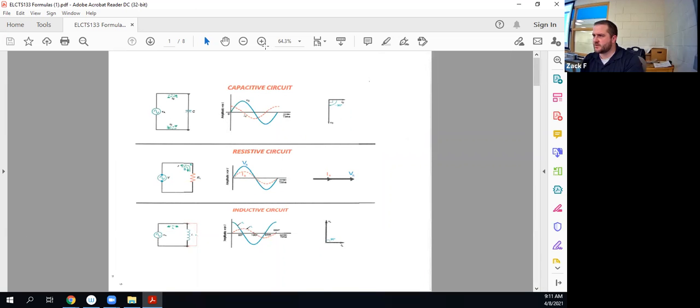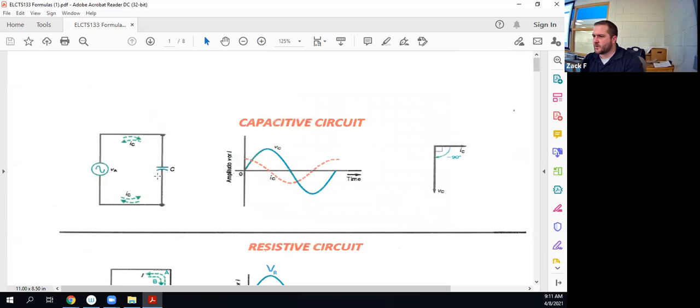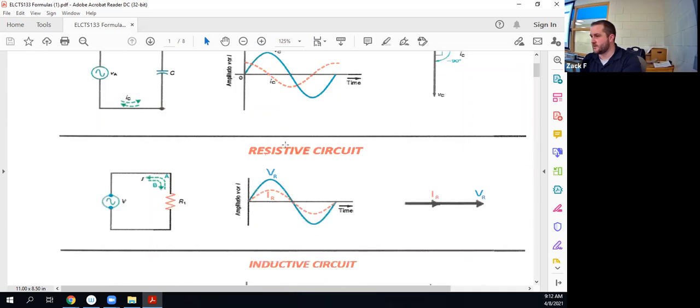So here's a capacitive circuit. This is what we're dealing with now. We have one capacitor in series with an alternating current voltage, and capacitive reactance causes the sine waves to shift.